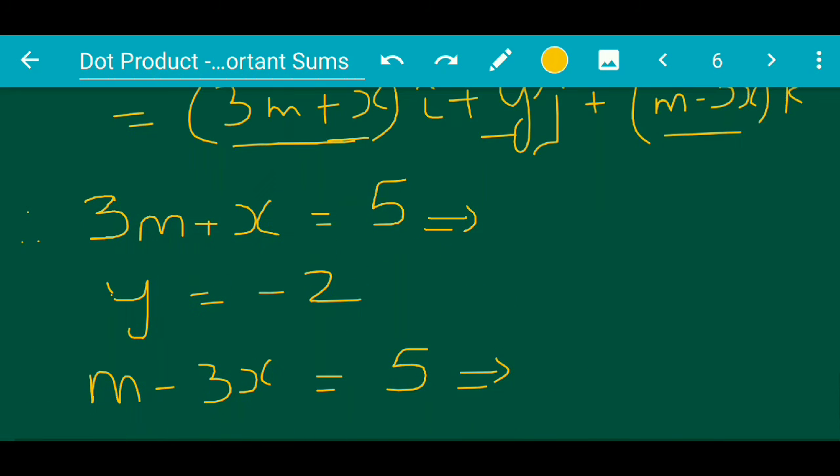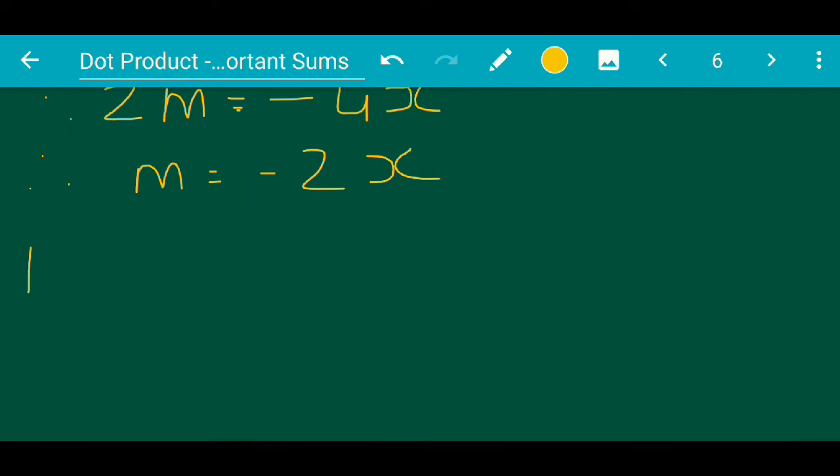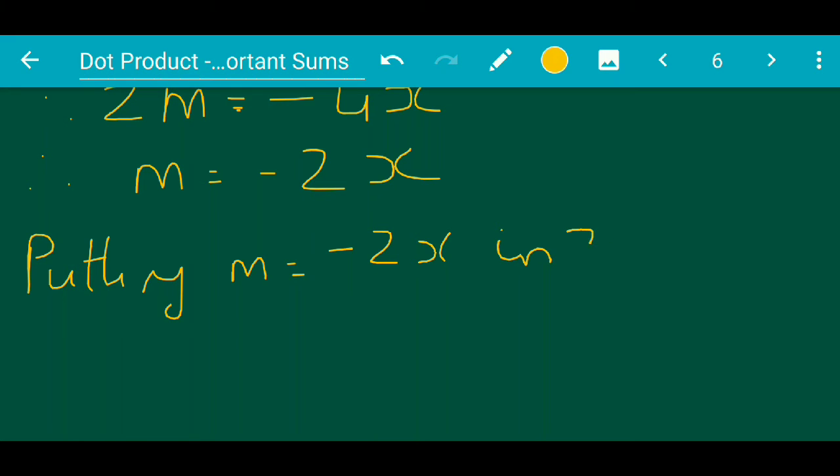Equation 1 is this particular equation. Say this equation we take it as 1. So you put the value of m in this equation, that is 3m plus x is equal to 5.